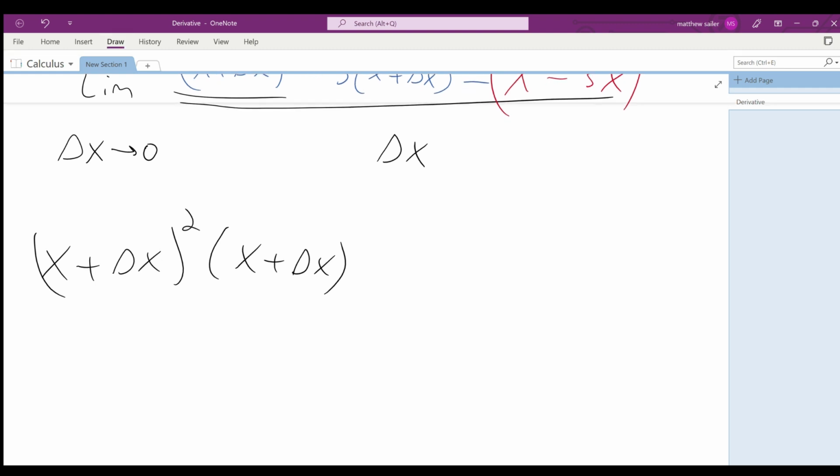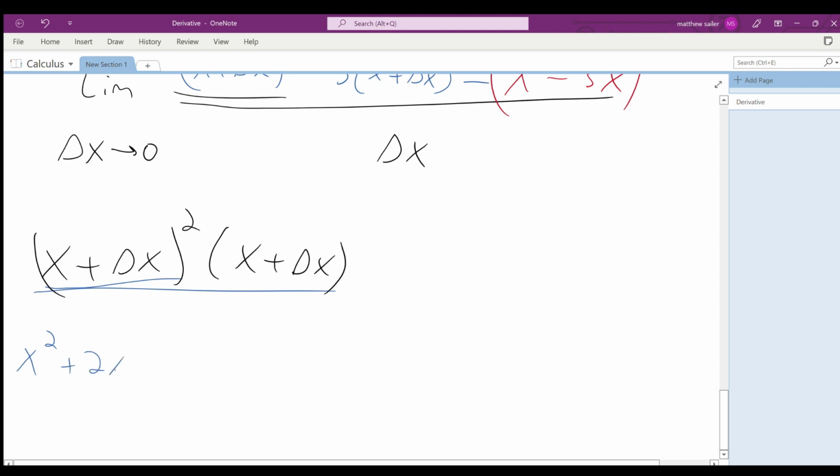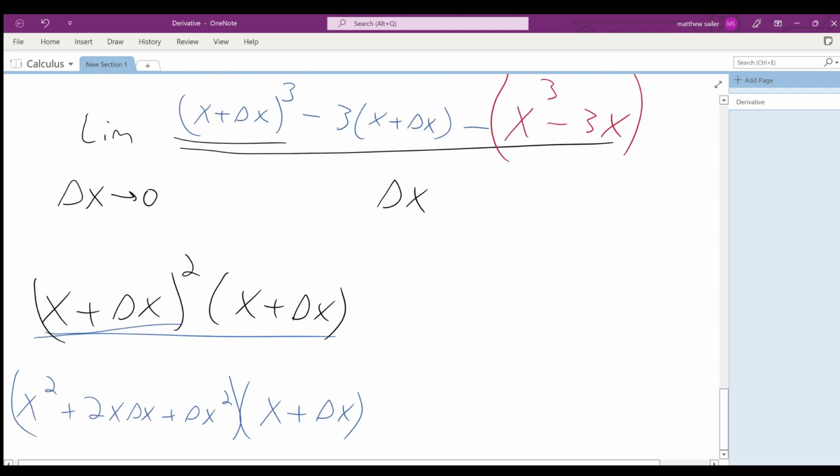Just pretend this is written in blue. This first piece here is x squared plus 2x delta x plus delta x squared, and we're going to multiply this by x plus delta x. Again, I'm just expanding that piece. We'll get to the rest of this later.